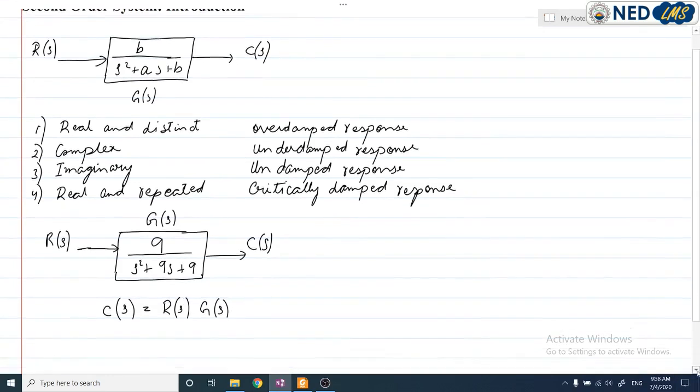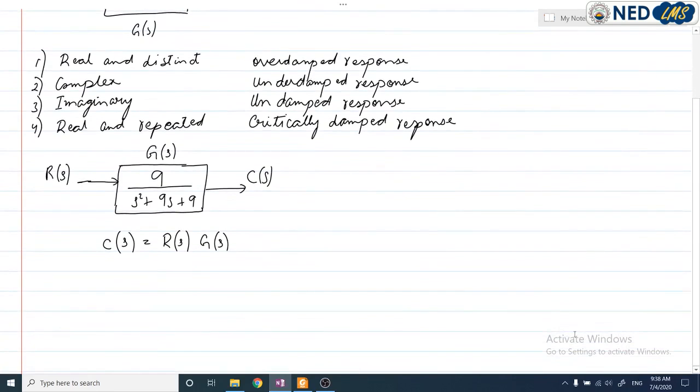So if we apply the unit step input here, then the output response will become 9 over s square plus 9s plus 9.